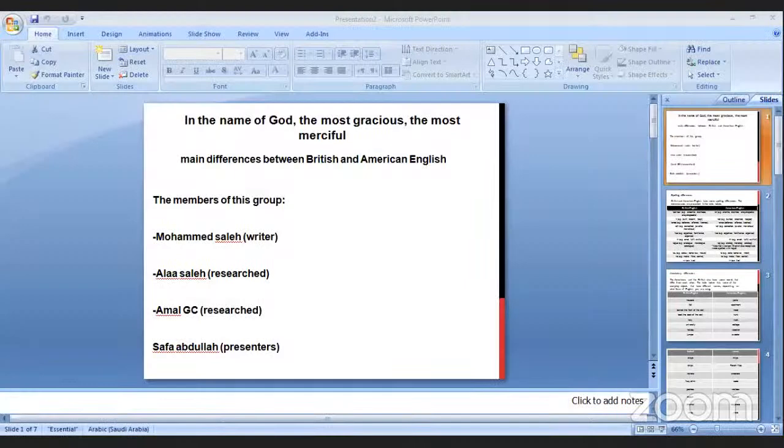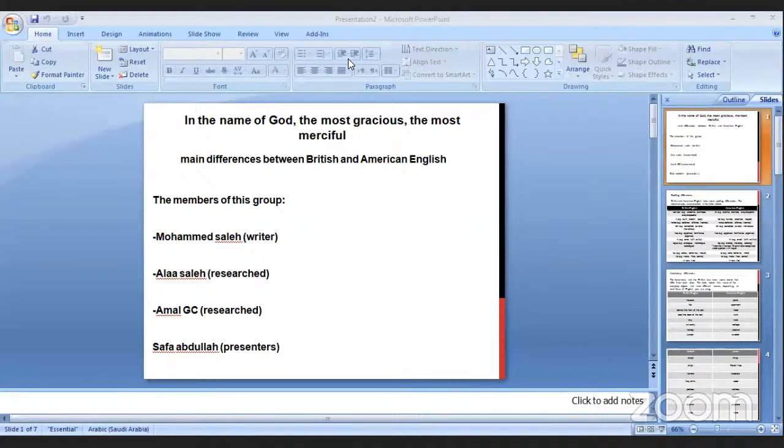Okay, right. The next group is a group of Muhammad Saleh, Ala Saleh, Amal GC, and Safa Abdullah. Right, so who's going to be the presenter of this group?